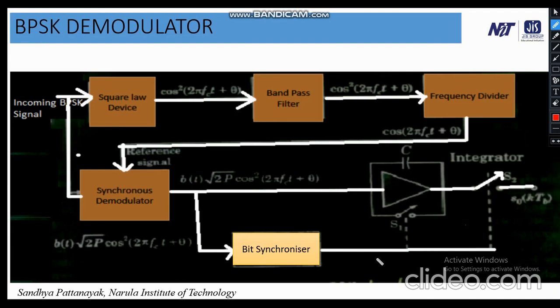One is we need to extract the carrier signal from the modulated waveform, and then you apply the extracted carrier signal and the modulated waveform to the synchronous demodulator, perform the demodulation, and then apply it to the integrate and dump filter.